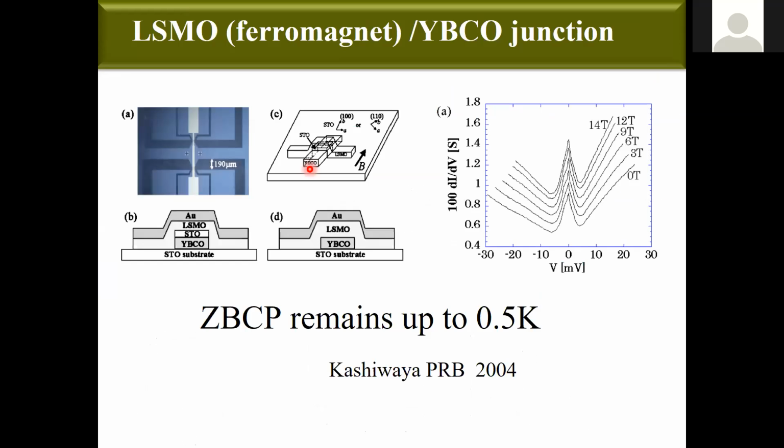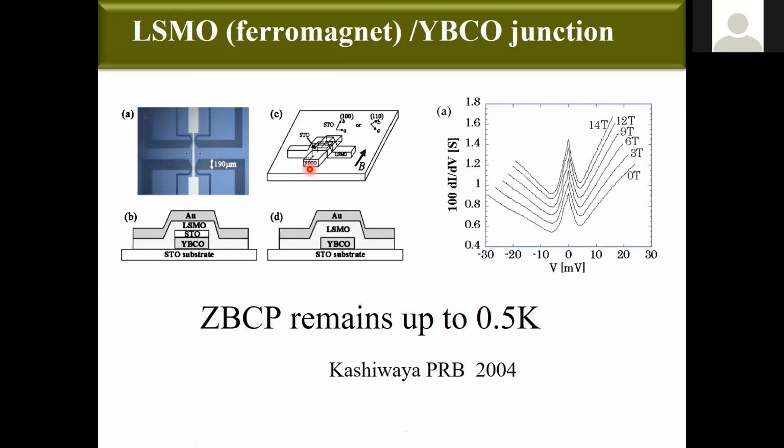After 2000, Kashiwaya-san measured tunneling conductance in LSMO YBCO junction systems. It is quite an interesting experiment. To interpret this result is a little bit complicated, because LSMO is, strictly speaking, a ferromagnet.